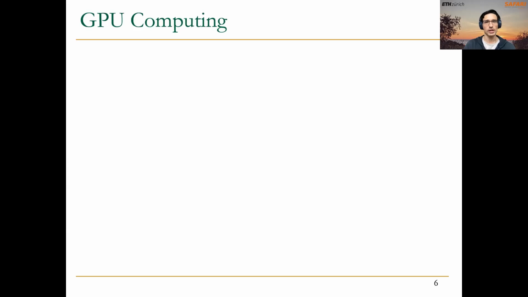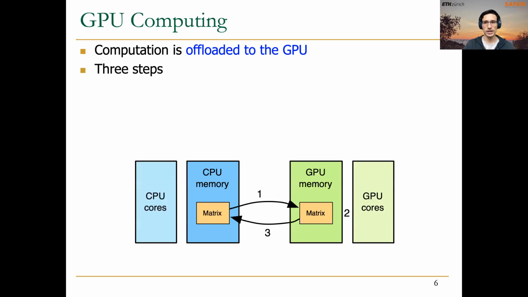So let's start reminding what GPU computing is. In GPU computing, what we follow is typically what we call the accelerator model. That means that the GPU is seen inside the heterogeneous system as a coprocessor or an accelerator of the CPU. And the CPU is going to offload computation to the GPU. In the most basic operation, this offloading process has 3 steps.